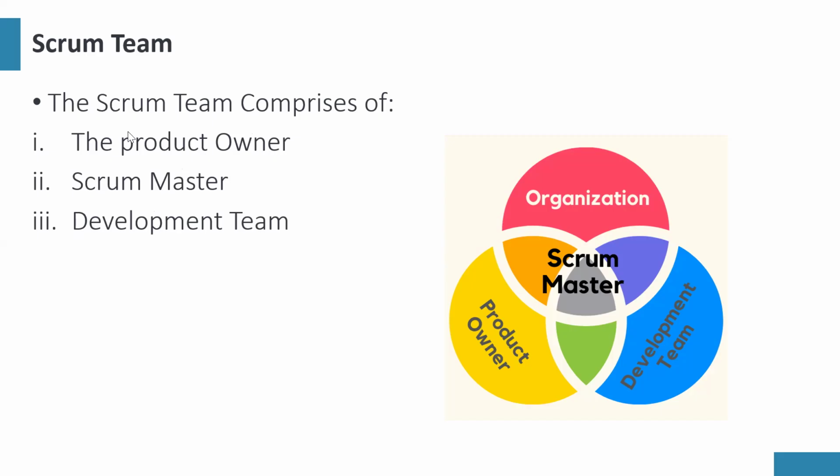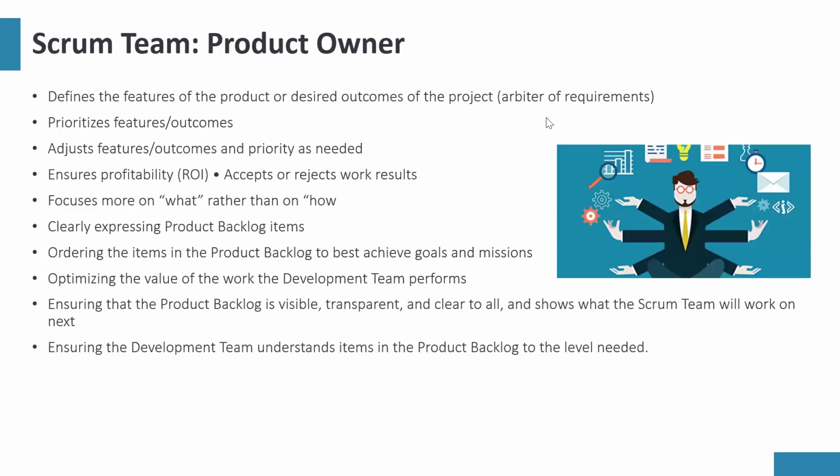So let's look at what the product owner does. The product owner defines the features of the product or the desired outcomes the project will bring. The product owner prioritizes features and outcomes. Remember what I said about managing a backlog?